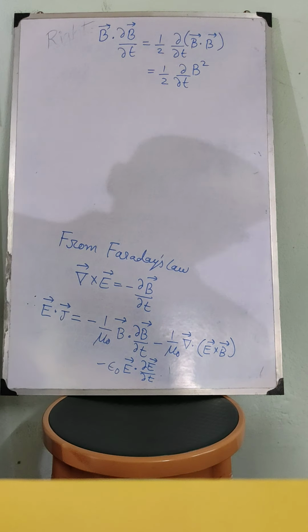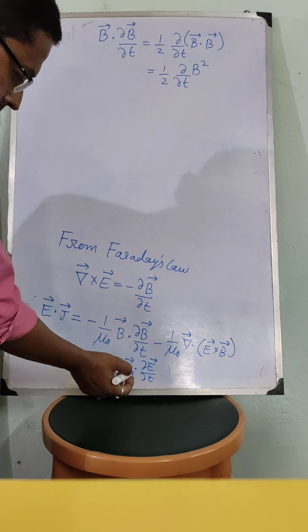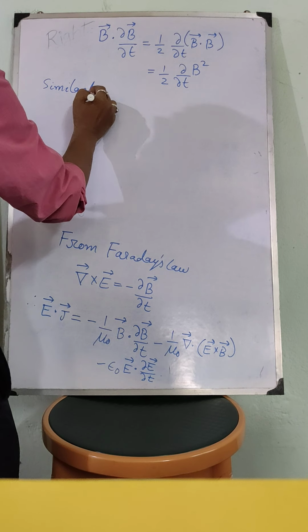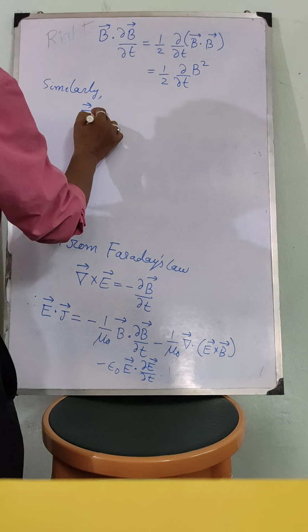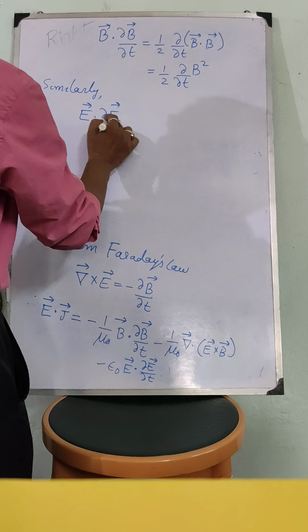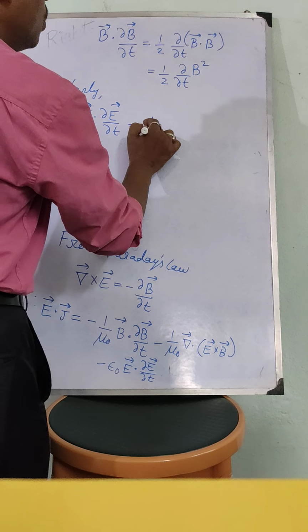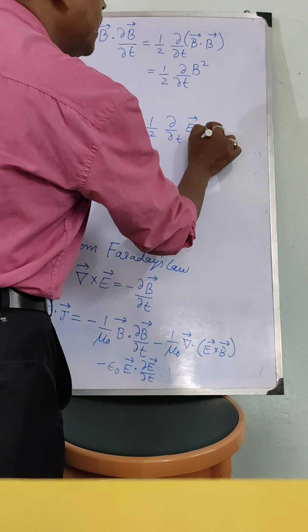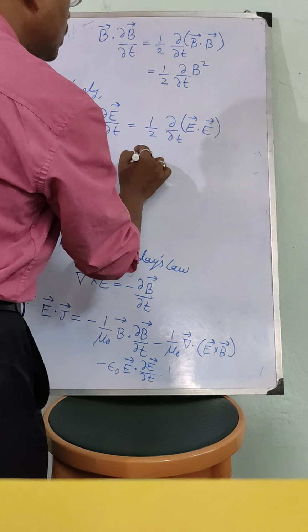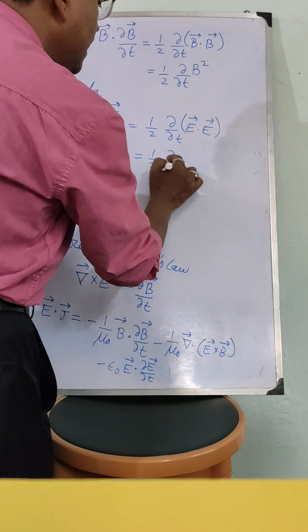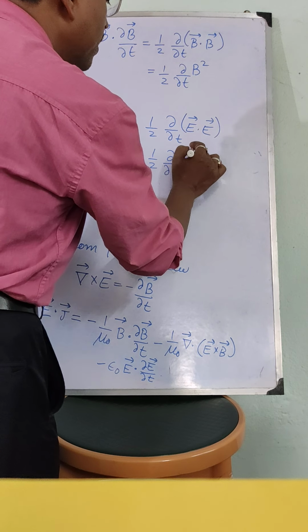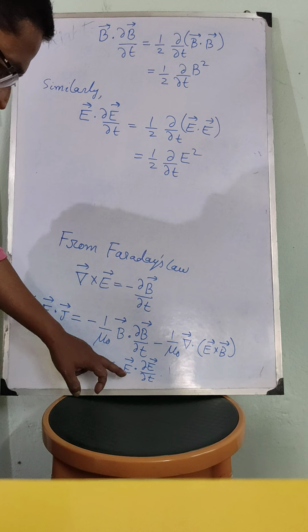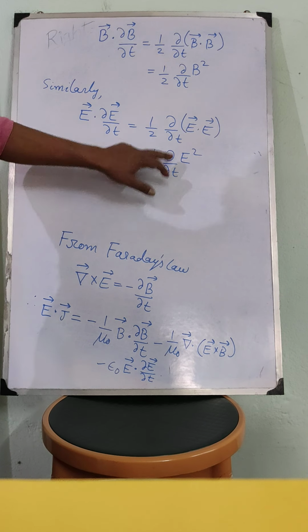Similarly, this E dot del E del T I can write similarly: E dot del E del T is equal to half of del del T of E dot E, that is equal to half of del del T of E square. Okay. So now we can write this expression and this expression by using this and this.